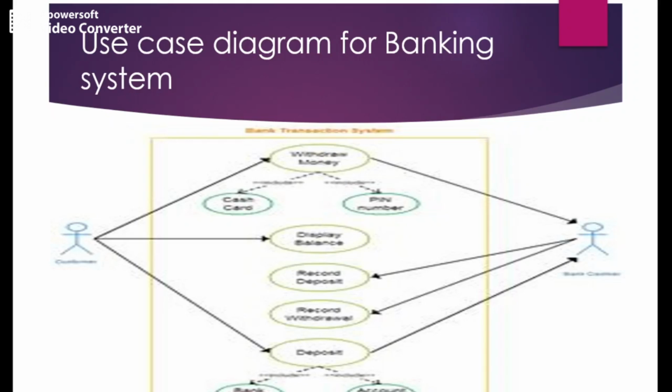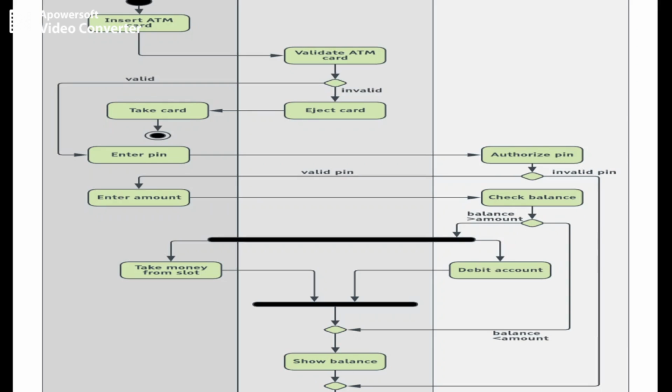For that you have to put the bank name, account number, and what the cashier can do, he can record the deposit, record the withdrawal details, even withdraw the money. Clear? Okay. Next we'll see the activity diagram.